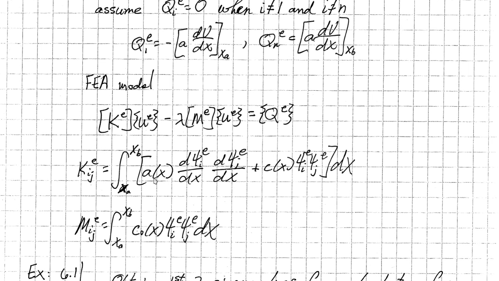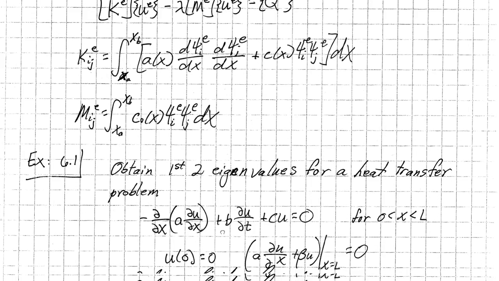You would either be given this, or this is something you can go in the lab and characterize, measure. So that would be known. Remember, we know what these interpolation functions look like, so we can take the derivatives and get this, as well as here, C would also be known. So you can integrate this. You're just integrating a polynomial. Same thing for this second order M matrix equation.